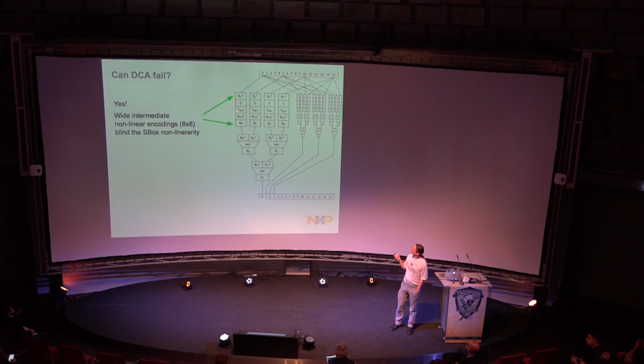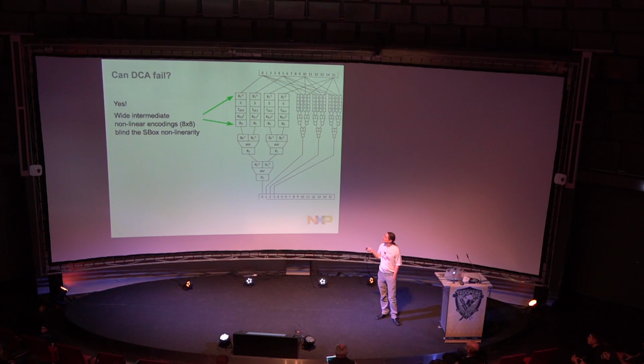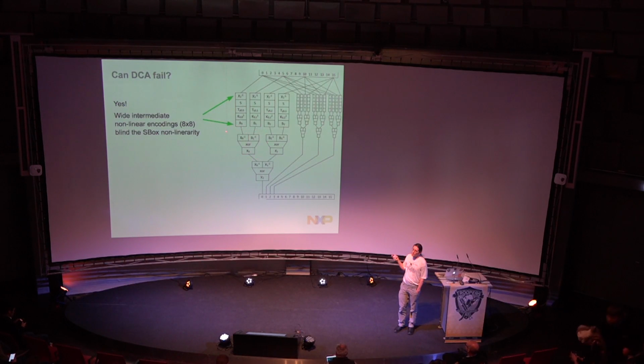So the input and the output are encoded with some other tables that are a bit similar to the S-box, except that they are completely random. What you normally use to attack is the S-box information, but it's completely hidden by a random one here and something similar there. So when you look at the total, the non-linearity of the S-box is no longer visible. But the problem when you use wider encoding is that this table becomes really huge.